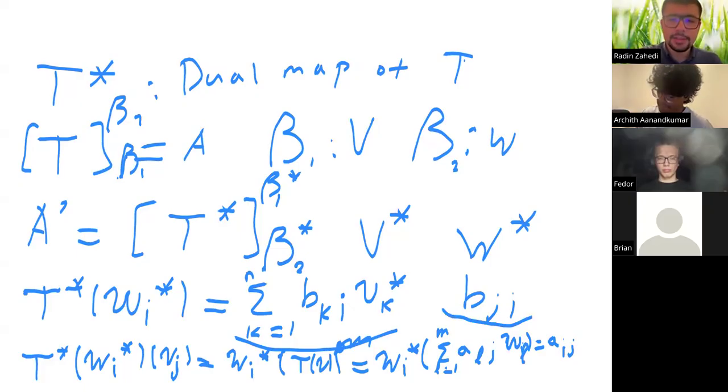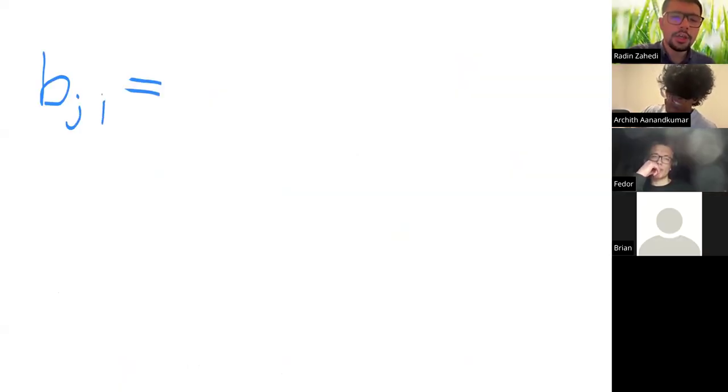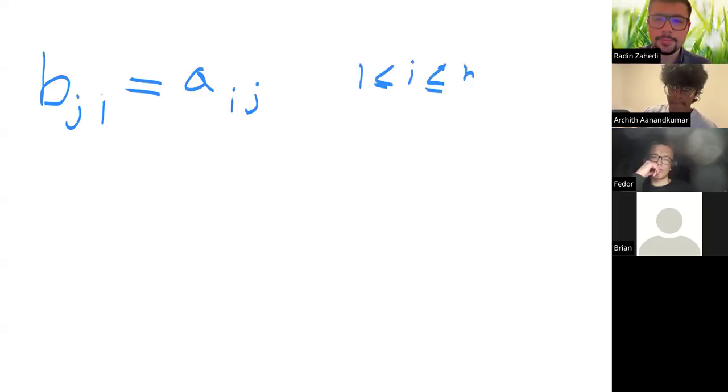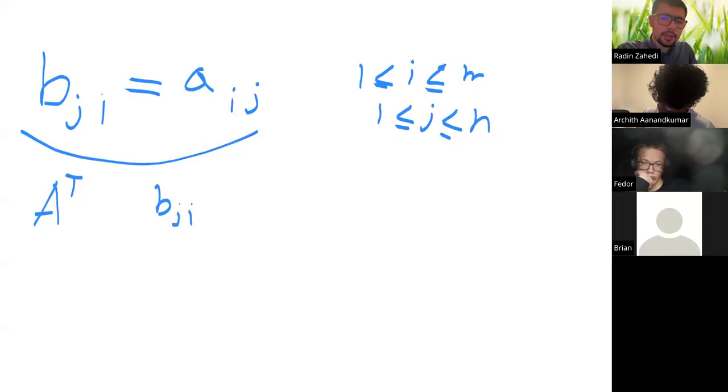So this is what our Bji would be. We have proven that, interestingly, Bji just equals Aij for each i and j. This should strike us as very familiar. We have seen this before. This is exactly how we define the transpose matrix, such that each element Bji is just Aij.